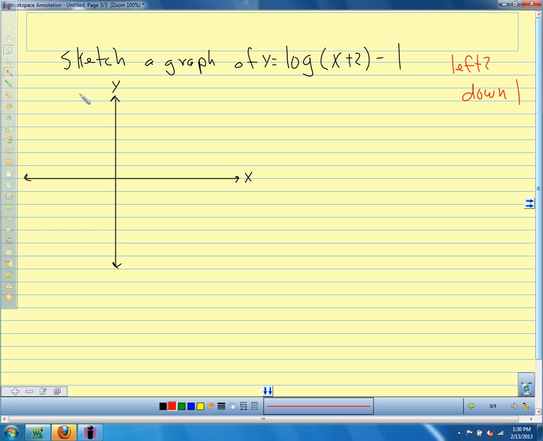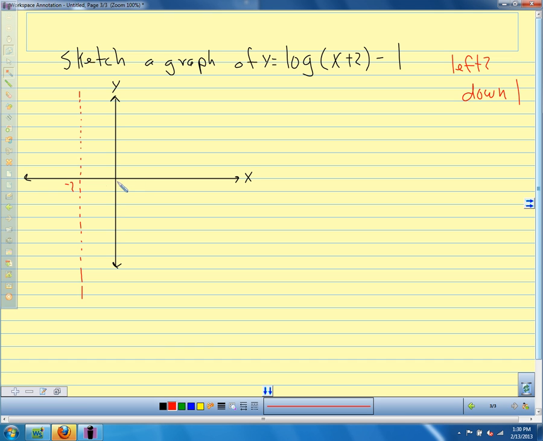So I'm going to have a vertical asymptote. My asymptote is going to shift over here to negative 2. So my graph is going to come up here from negative 2 like so. And I'm shifting down 1. Normally my graph is going to have an x-intercept at x equals 1. Well, I'm going to shift over by 2 to the left.